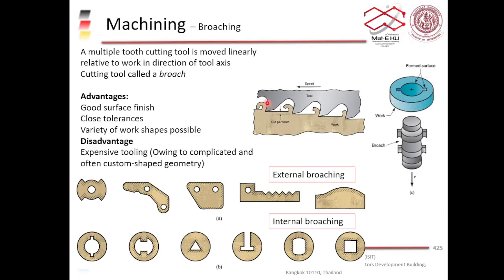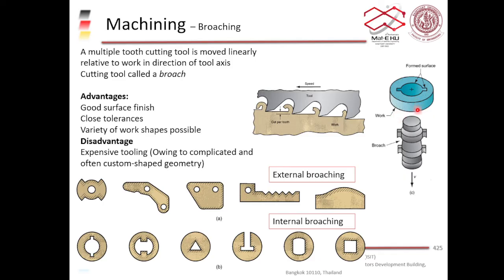Okay, so the first one might eat into the surface just a little bit. Another set of teeth will go a bit deeper and then deeper and then deeper. So a broach, you have a set of teeth here, right? And when you're moving the broach through a workpiece, you produce a bigger and bigger hole and the shape that you want.